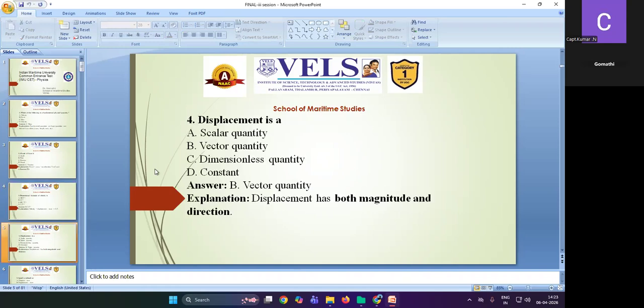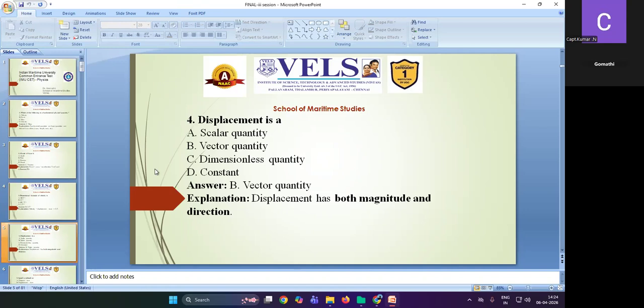Next question is, displacement is a: option A is scalar quantity, option B is vector quantity, option C is dimensionless quantity, option D is constant. What is a scalar quantity? Scalar quantities have only magnitude, no direction.